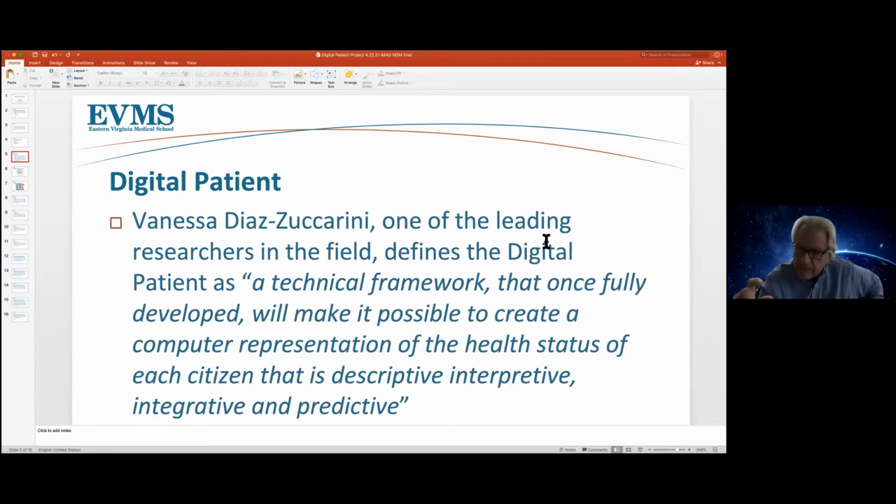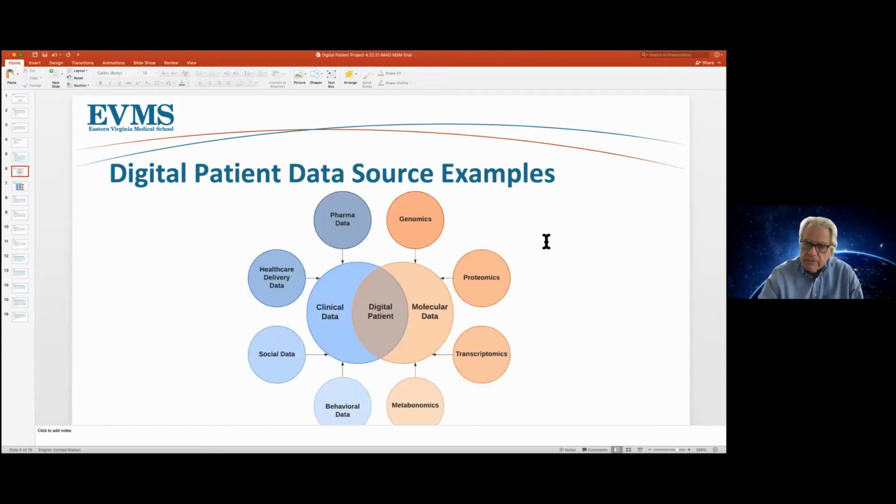So, for example, the digital twin to me is a subset of a digital patient because it's more narrowly focused. The notion of a twin is it's a twin to something that exists. It's only virtual rather than the real thing.